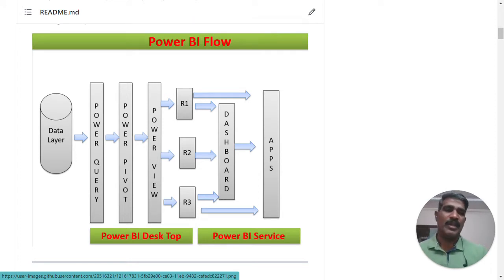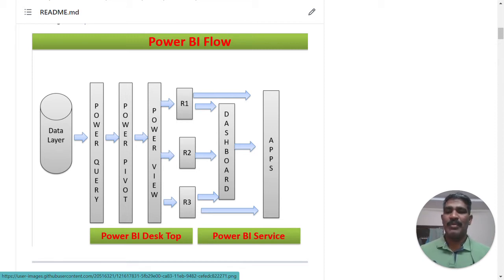It may be any database. Then from there, we go to Power Query. What is Power Query? What is Power Pivot? What is Power View? These three components together are called Power BI Desktop. How these are useful to you and from where you can access them, we are going to learn as part of today's demo.